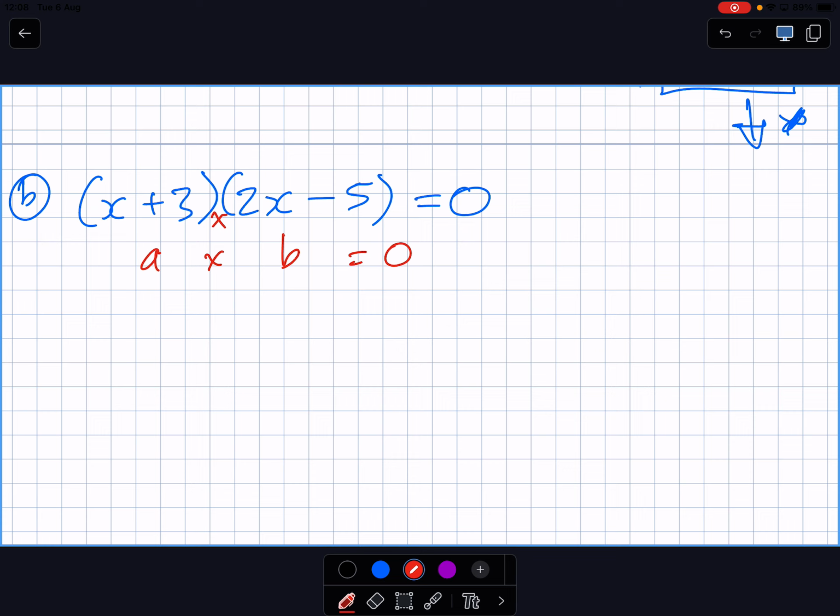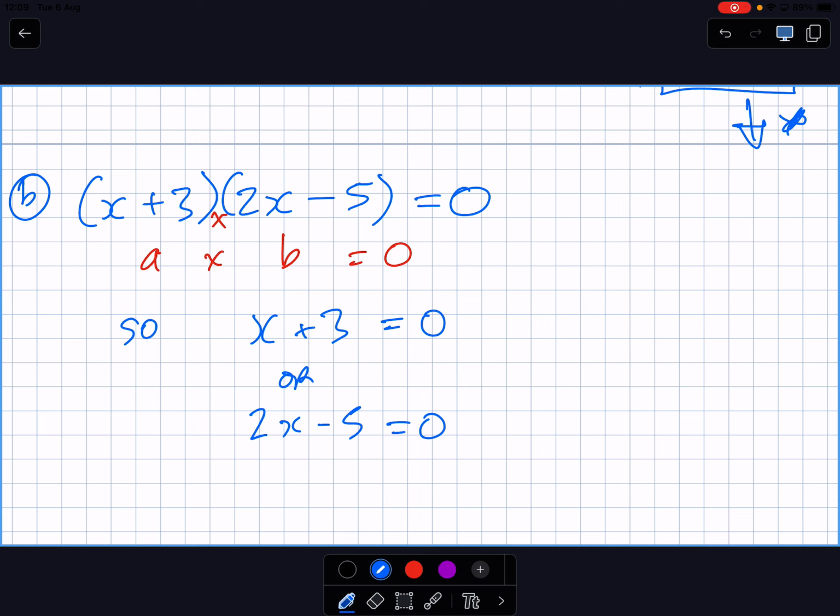So your working out could be like this. x plus 3 could equal 0. Or, what's the other thing that could equal 0 in this situation? 2x take 5. These aren't done yet. I don't know what x is just yet.